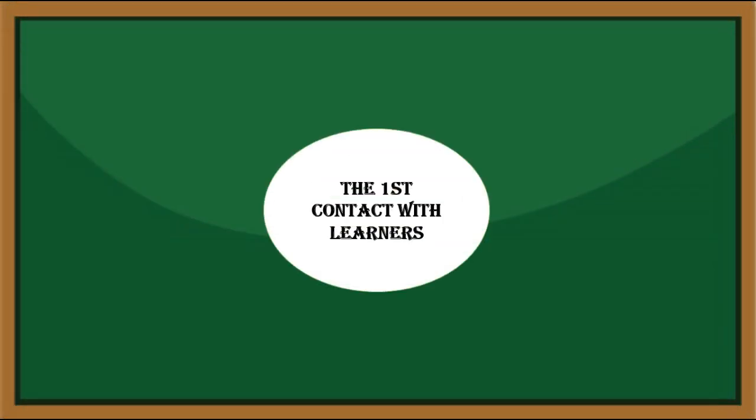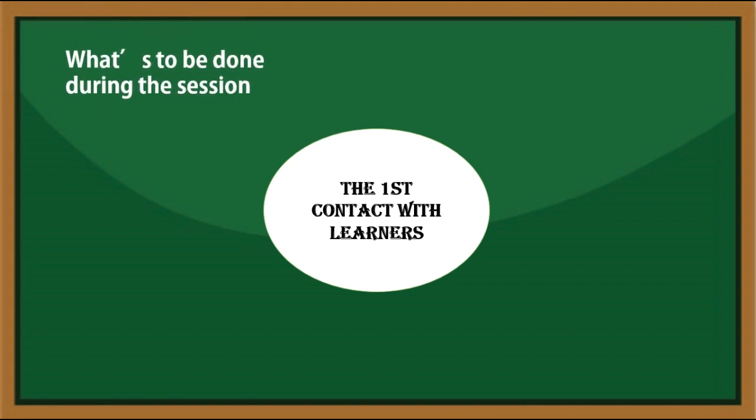So when we come to the first contact with learners, there are three main, let's say, corners that we should shed some light over. The first one is what's to be done during the session. What should a teacher do during this first meeting with teacher and learner?